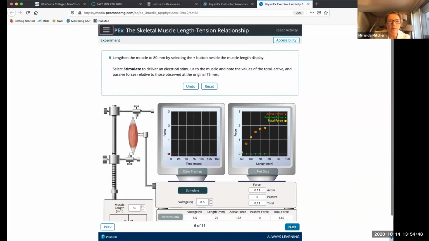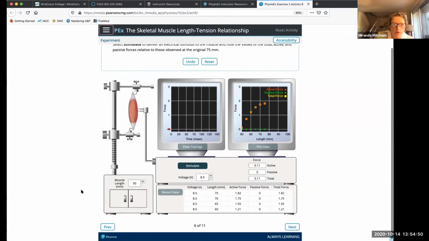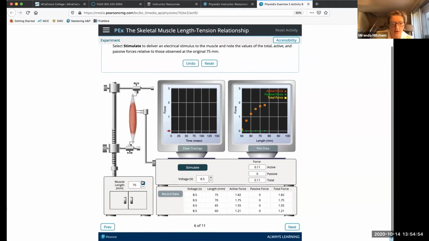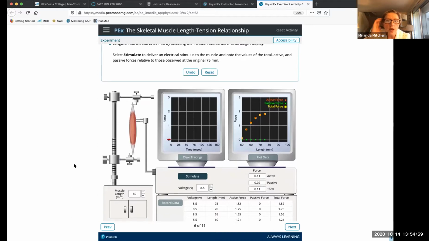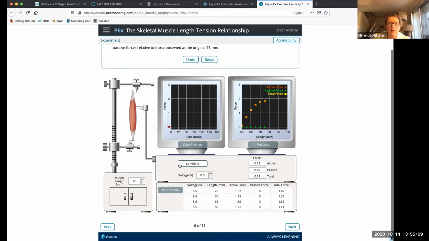Let's see. Now we're going to lengthen the muscle to 80. We're going to make it longer. We've been looking at shorter. And it says to stimulate, deliver the electrical stimulus to the muscle, and note the values of the total, active and passive forces compared to what we saw when the muscle was 75.